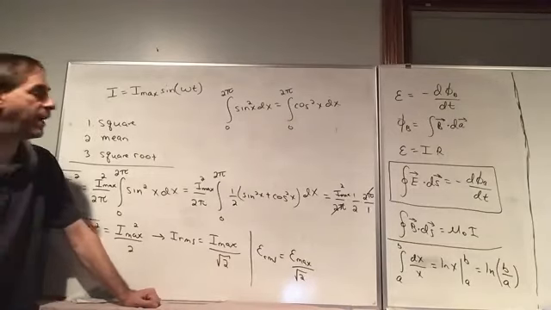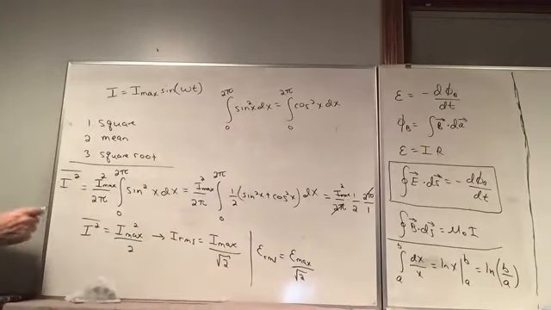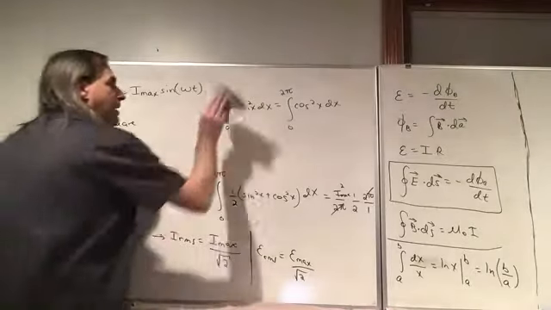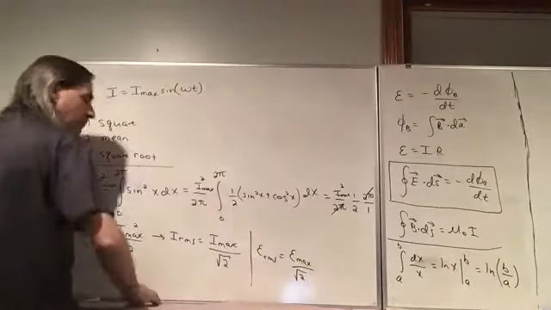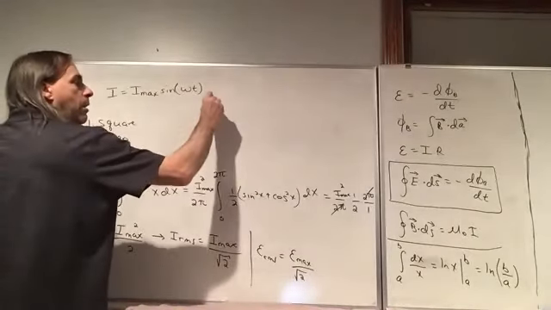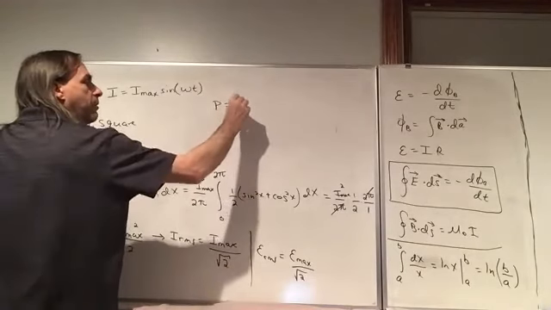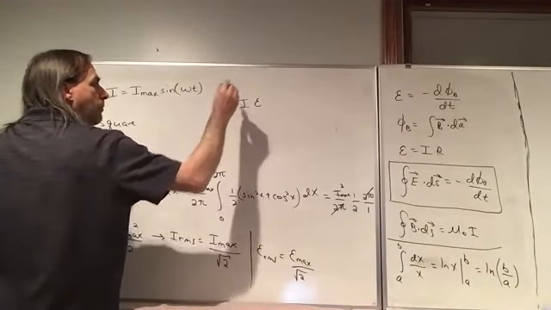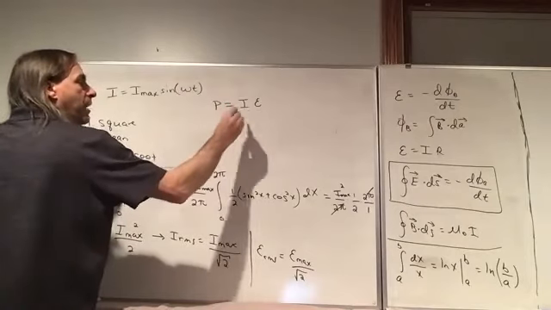Then just one more thing. Power is current times voltage. I'm going to erase this. So power is current times voltage. And these are both functions of time.